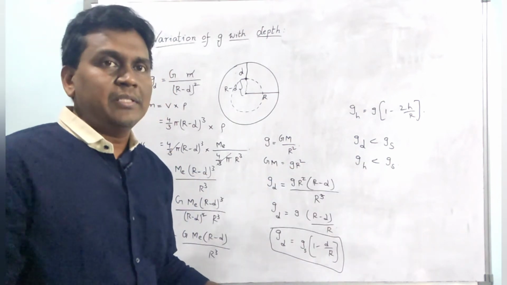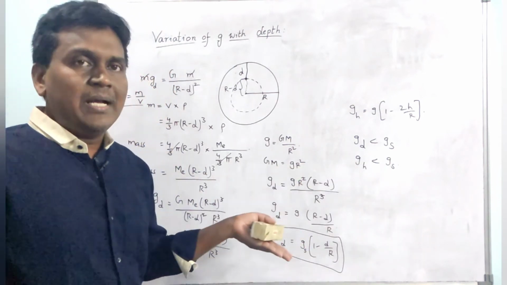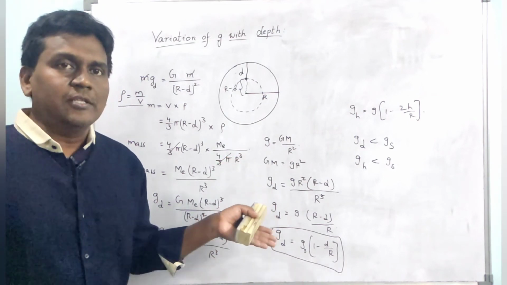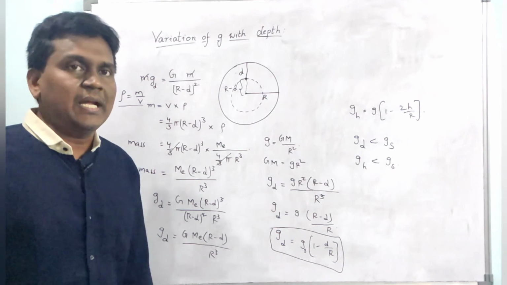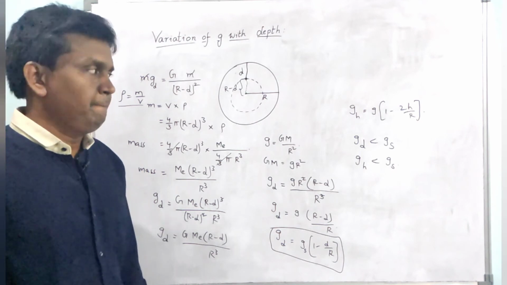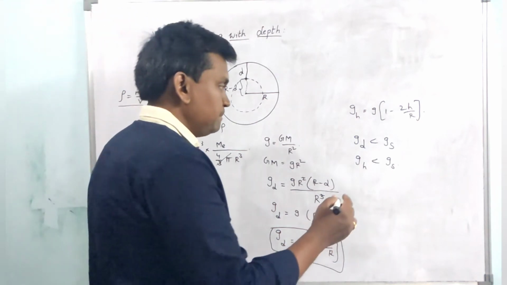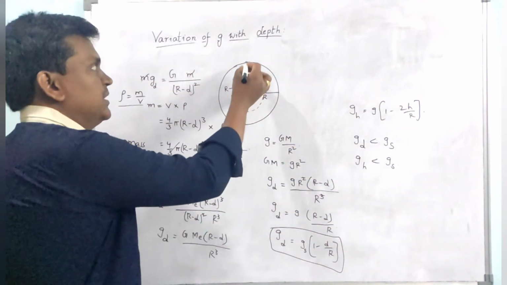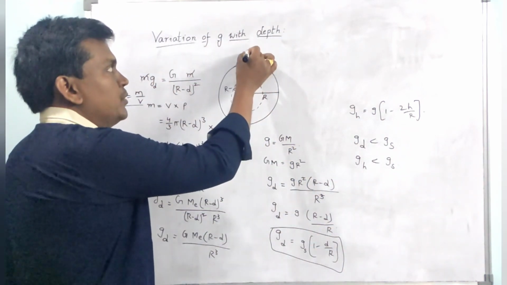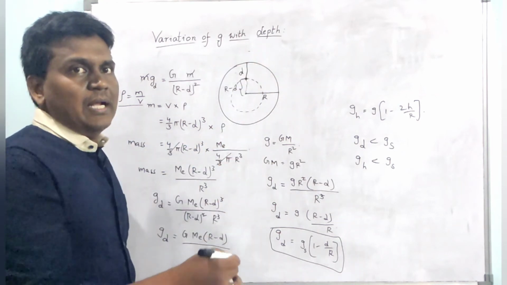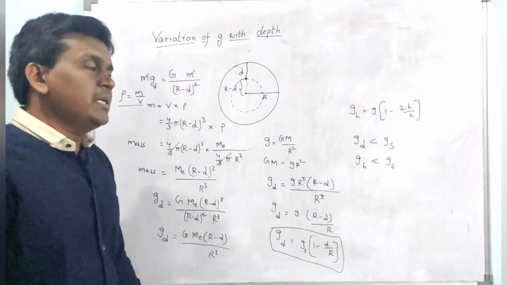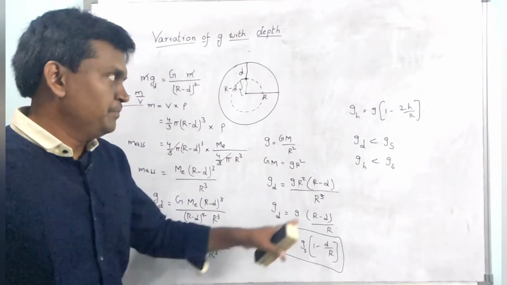So if a mass is moving to a certain height, gravity will decrease. If the mass is going to a certain depth, the gravity will decrease. And here, which one will decrease more? See, if a mass is moving to some 10-meter height and 10-meter depth, which will decrease more?